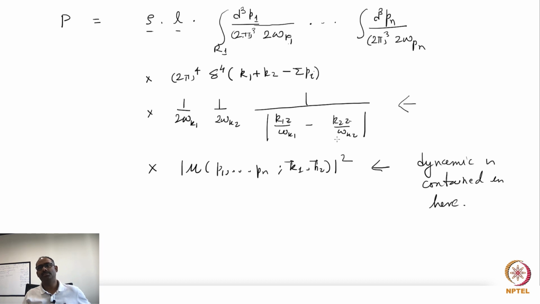It's not invariant under complete Lorentz transformations, but if you restrict to transformations along the z direction, then this line is invariant, and all other quantities are invariant in this expression. So P is invariant under boosts along the z axis, and the z axis is the beam axis.